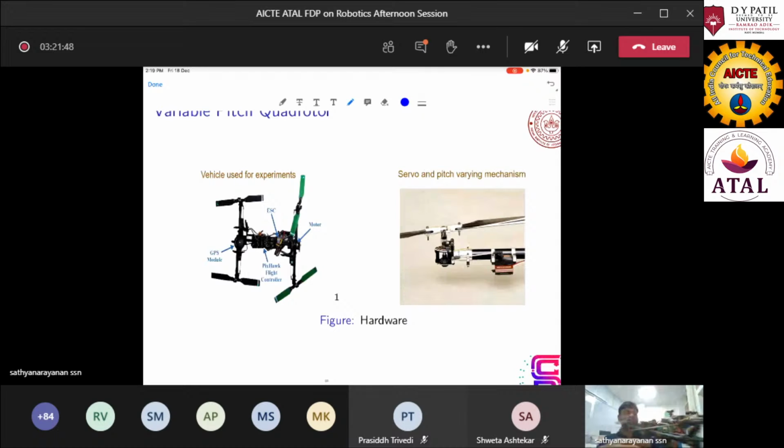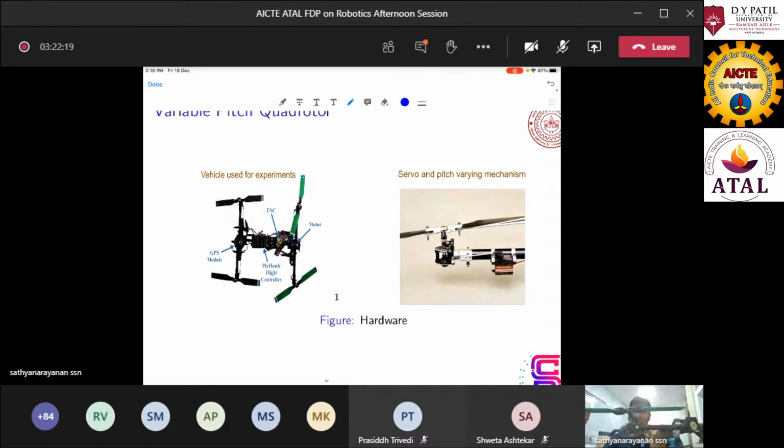But as I said before, two diagonally opposite propellers will rotate in the clockwise direction, and the other two will rotate in the opposite direction. And the differential thrust is generated by each rotor by changing the pitch angle.